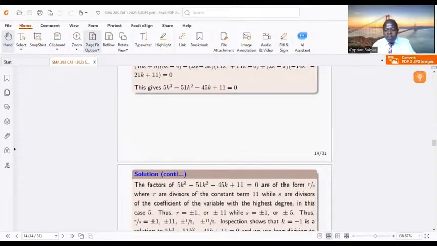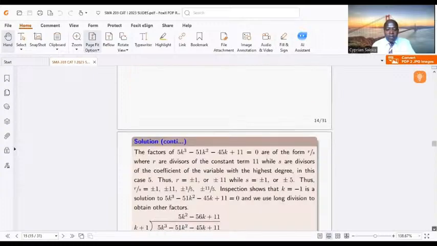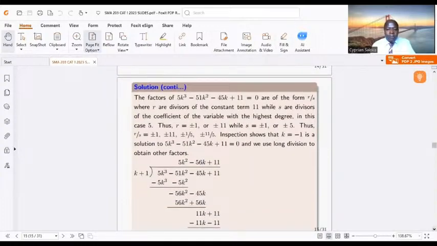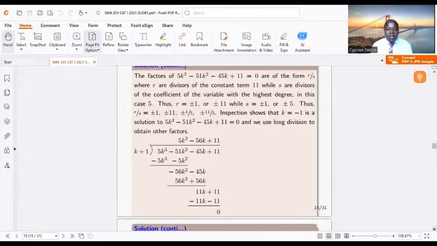So you try those and see which one is a root. Once you get one of them, use long division. On inspection, I found that -1 was a root.